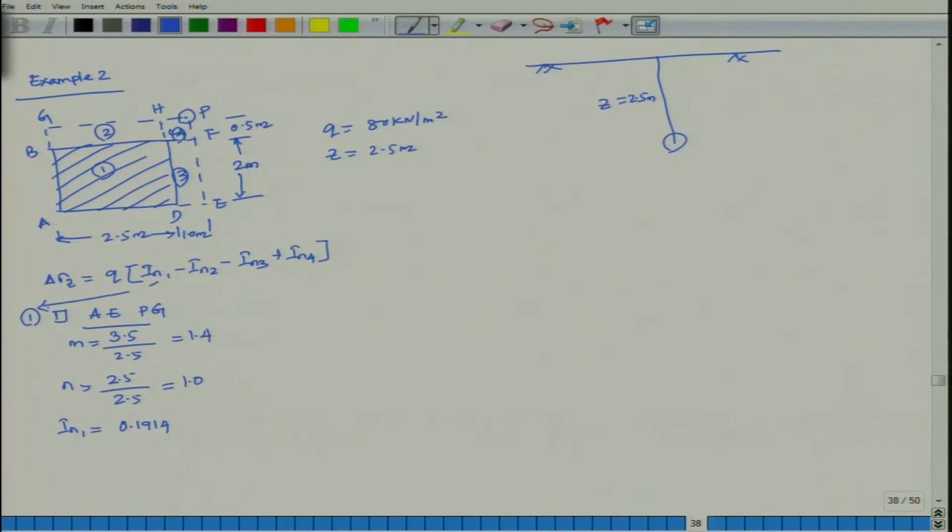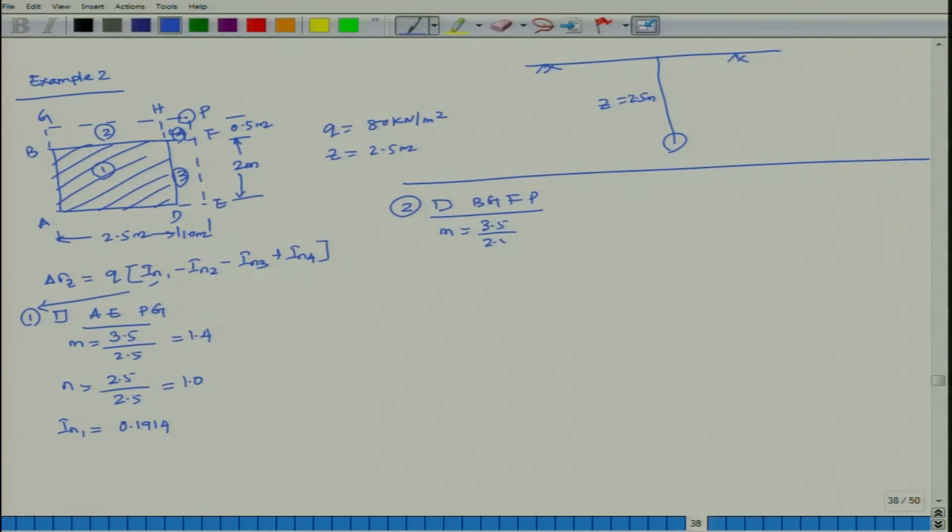Then the second one. If you look at the second one, that is your rectangle BGFP. In this case, M is equal to 2.5 plus 1, 3.5, 3.5 by 2.5, which is equal to 1.4.